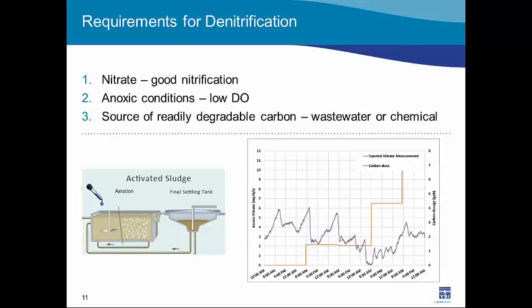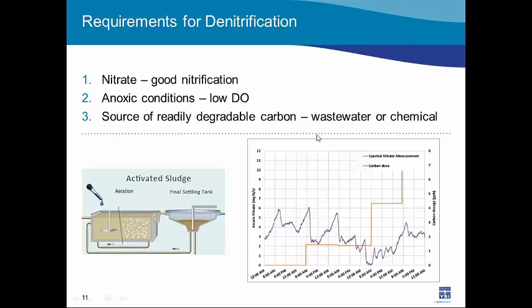I have a chart here from a customer who did a demonstration trial on an optical nitrate sensor. And we can see that the purple line is the online nitrate reading, and the orange line is the carbon dose. So what happens is the nitrate responds to the injection of carbon as it goes down.